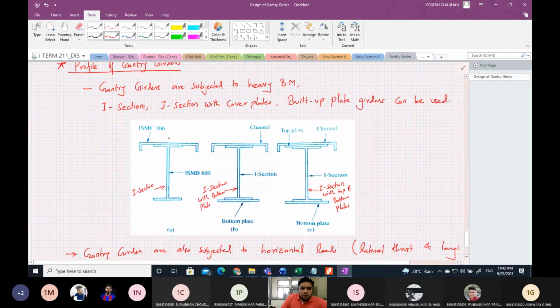So these are subjected. Additionally, they are subjected to forces in this direction as well as in longitudinal direction.